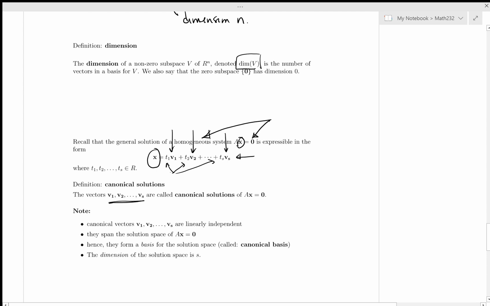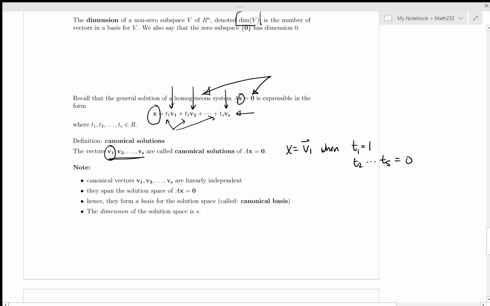And you can see how you get them. To get v1, x is equal to v1 when t1 is 1 and t2 through ts are 0. Okay, so those canonical vectors which we get in the solution are linearly independent and they span the solution space.